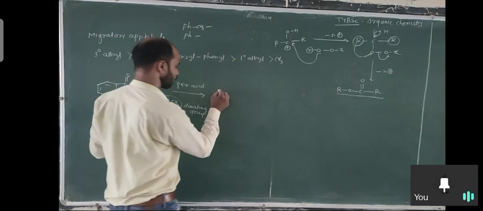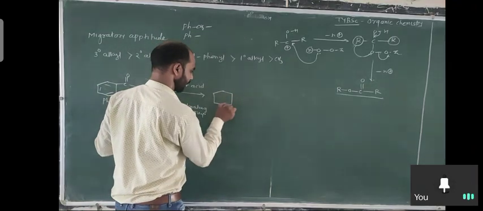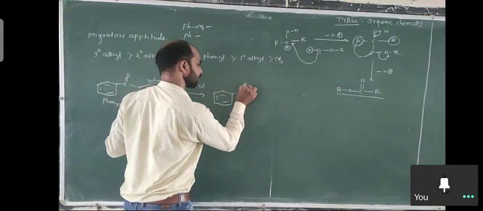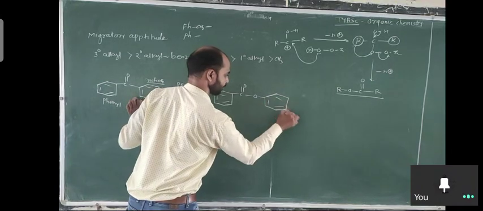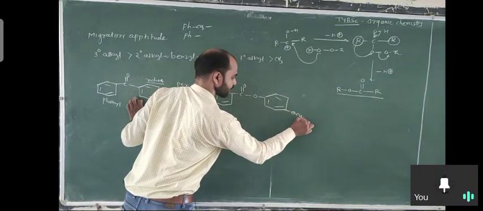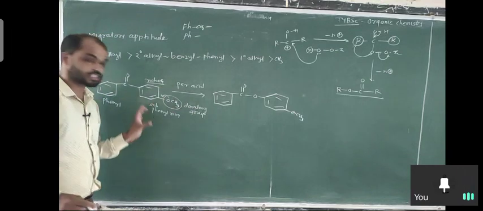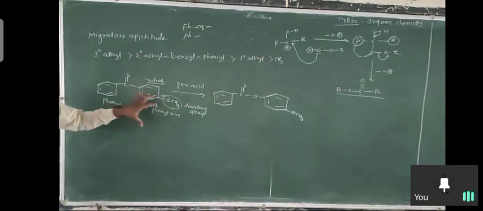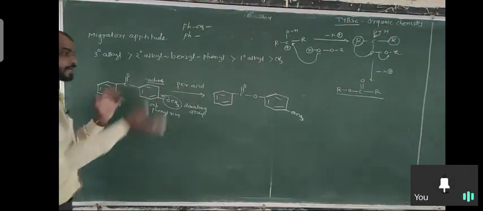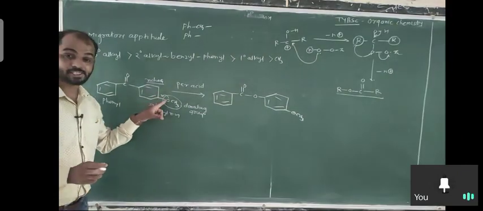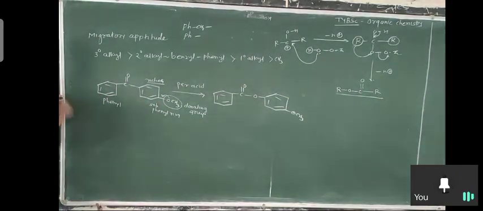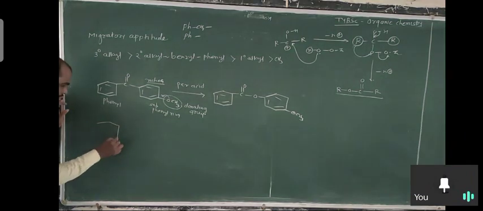So here, how do we write the product? We write the product as OCH3. That means the methoxybenzene group is migrated onto the oxygen because of its richness in nature. Second example for comparison, so you clearly understand the concept, how you understand which is more migrated or which is not.